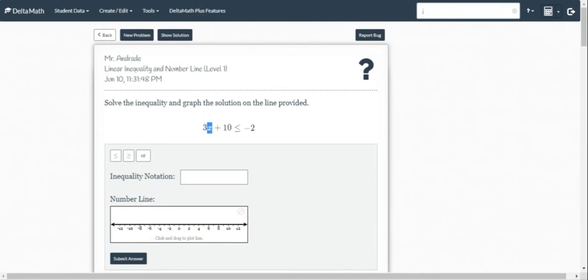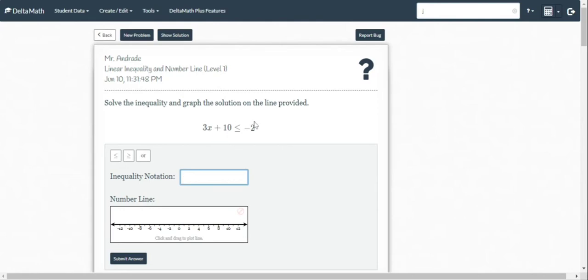So the first thing I'm going to get rid of is the plus 10. I'm going to get rid of that by subtracting it. And then we're going to end up dividing by 3. So let me see.